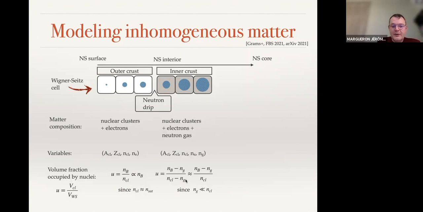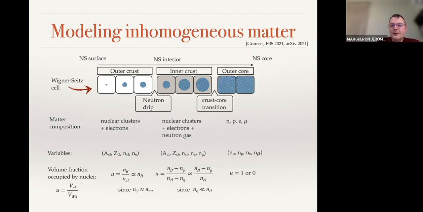Since the gas density is very low, the gas is very shallow, we can approximate the denominator by the cluster density, which again is constant. So you can see that the volume fraction still increases as a function of n_B, but now minus n_g, and we'll see later that at the entrance of the inner crust, the volume fraction does not grow as fast as it was growing in the outer crust.